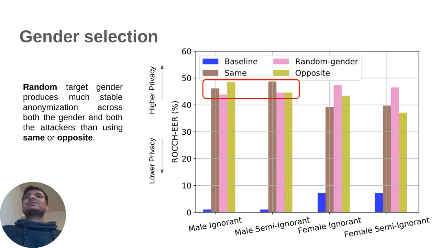This phenomenon is also seen in the female case. Hence, we may infer that random gender selection is much more stable than same or opposite.